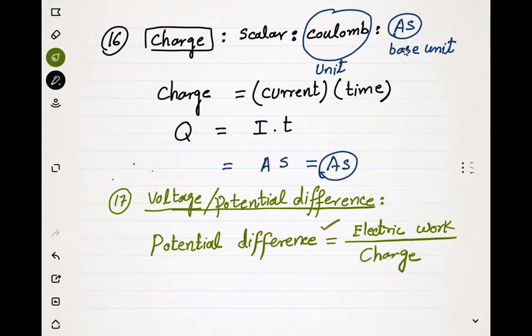So work done per unit charge is called potential difference.